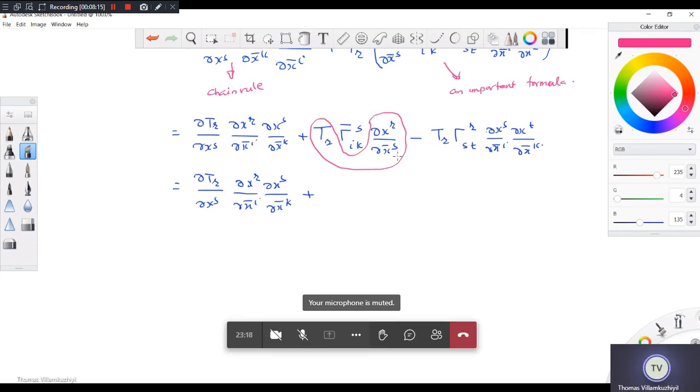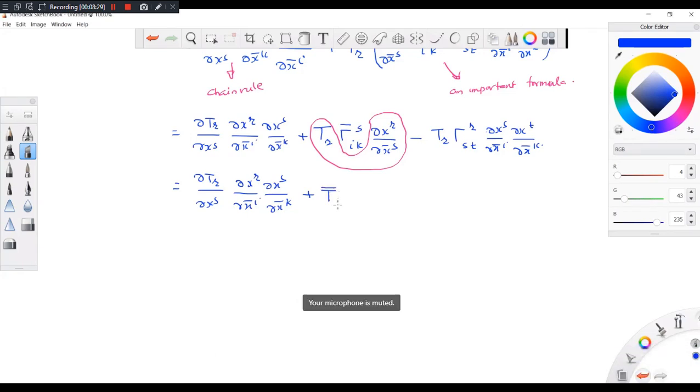Can you tell me what this combination is? T bar s, yes, T bar s. So T bar s into gamma bar s i k. Okay, so this minus gamma r s t T t, del x r by del x bar i del x s by del x bar k.